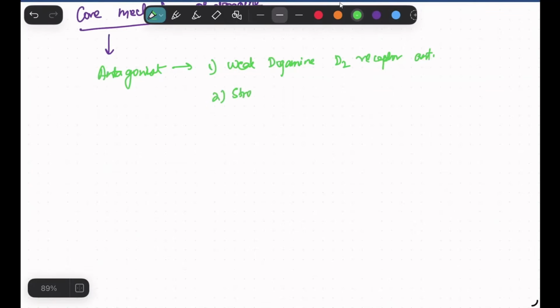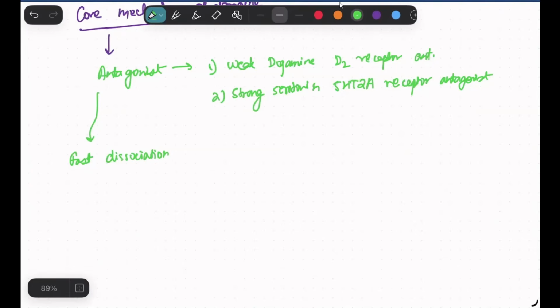Second thing that is important is that it is a strong serotonin 5-HT2A receptor antagonist. Third important thing to remember here, the core mechanism is that it shows a fast dissociation from the D2 receptor.